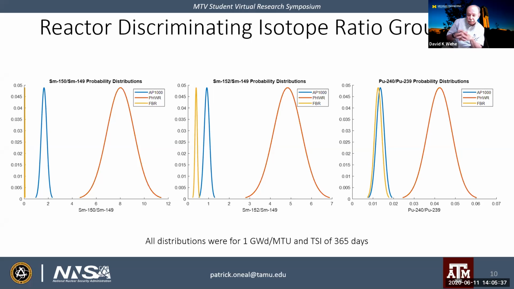So we're hoping that. Let me add a couple of things very quickly. All the ratios that Patrick showed here are intra-element isotope ratios, same element ratios. We chose that because the PUREX will not affect the same element decontamination factor.